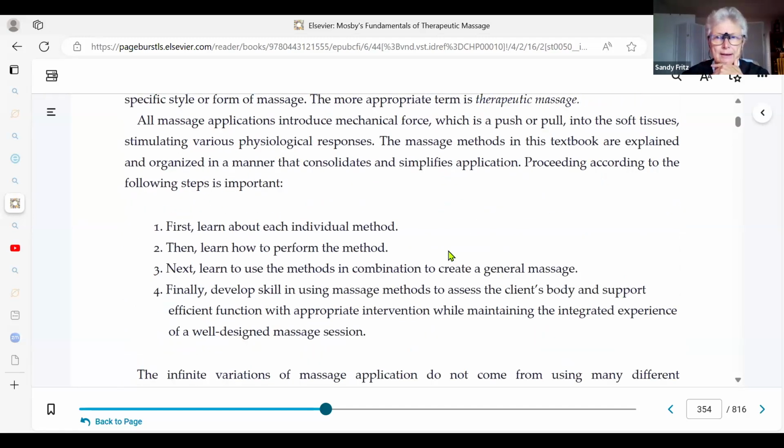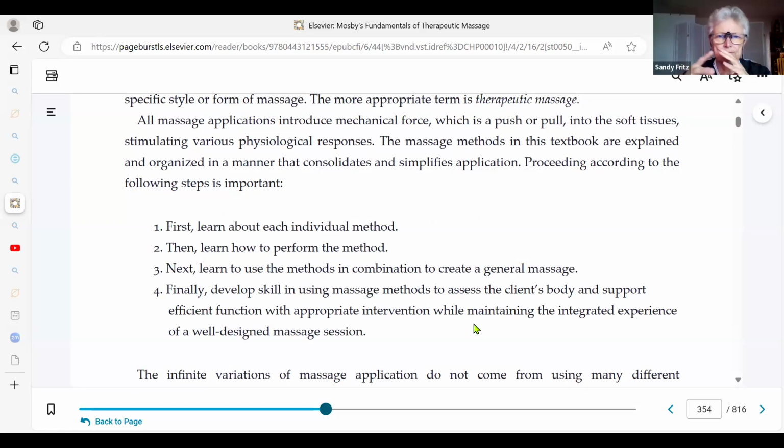So as you have learned to perform massage, you had to first learn about each individual method and the body mechanics that went with that. And then you needed to combine those. And then those same skills became assessment.